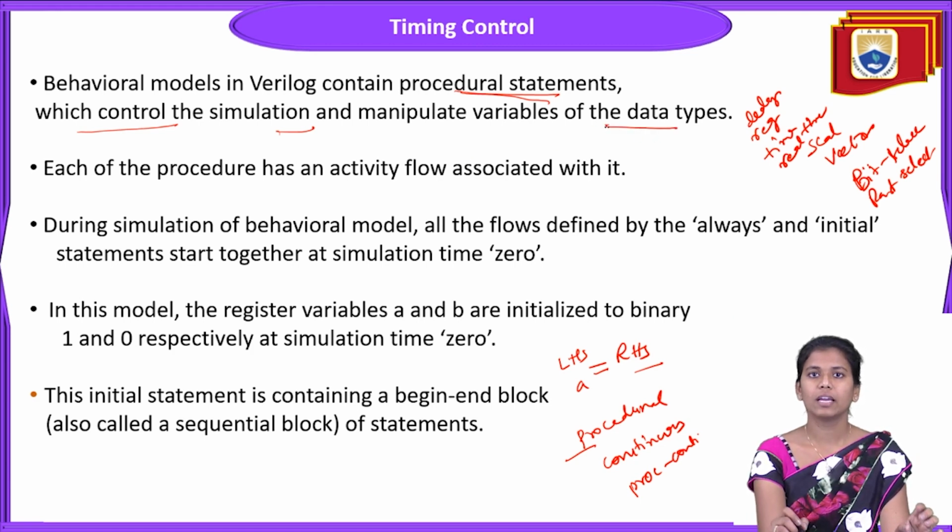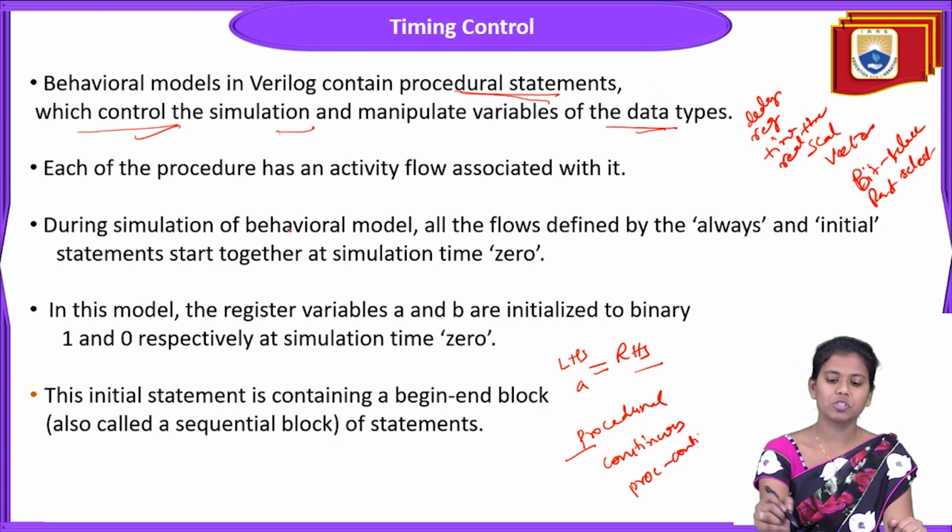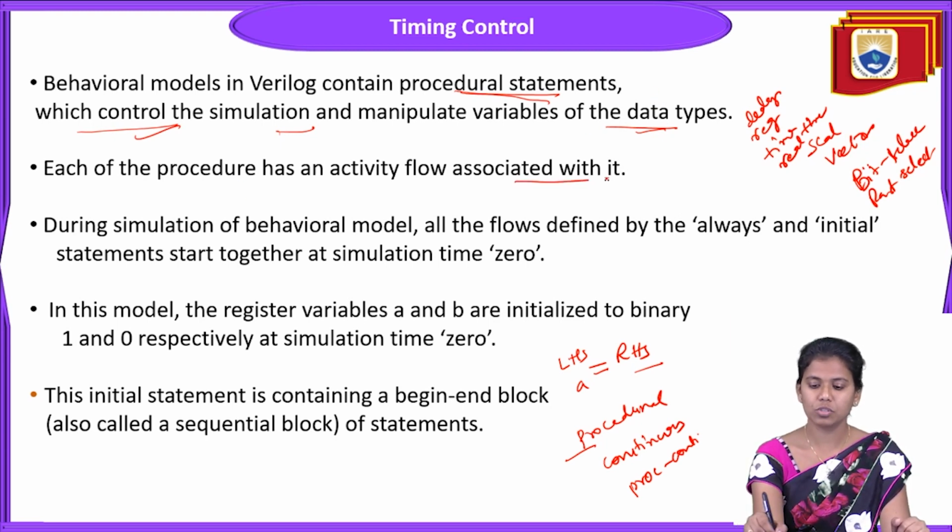So it controls and also manipulates. In order to produce a proper right-hand side output, we can manipulate the values in the variables. Whatever values we are dumping into the variables, we can manipulate in order to control the output. Each procedure has an activity flow associated with it.